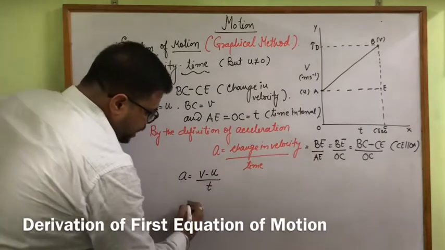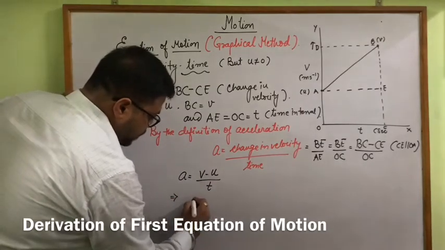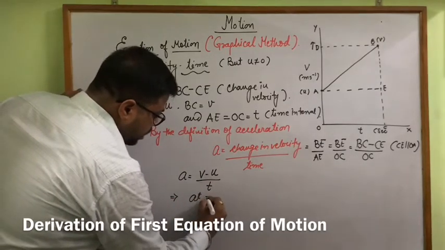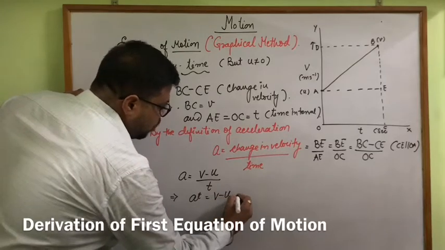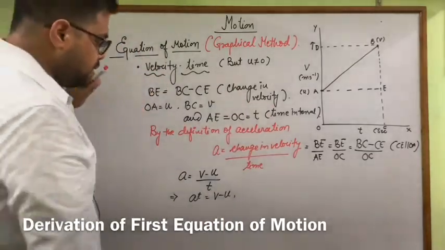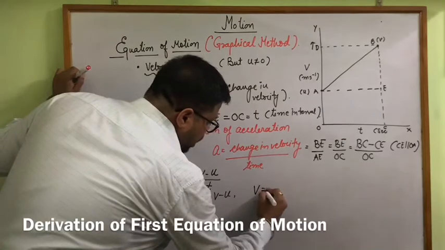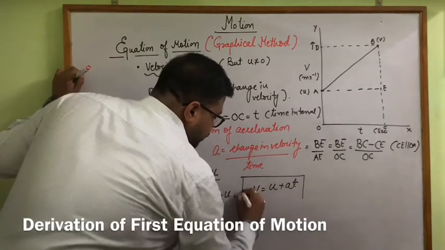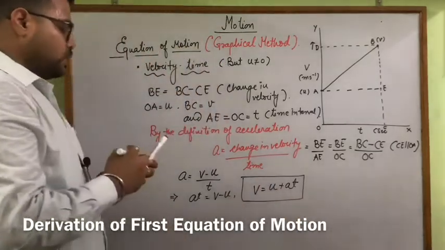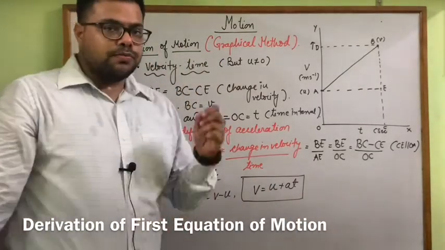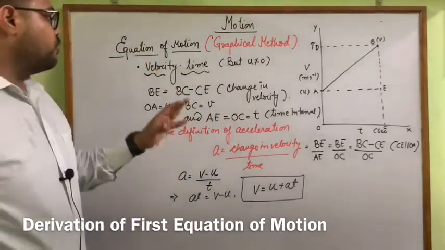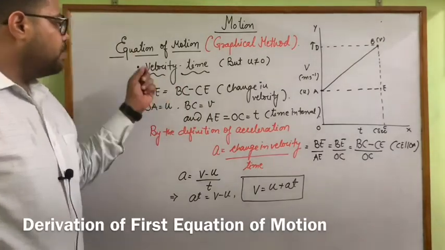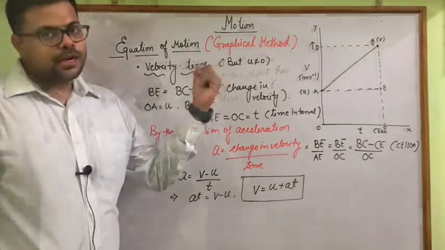So we can write the first equation: a = (v - u)/t, or when we rewrite this, v = u + at. This is the first relation, also called the first equation of motion. This is a relation between velocity and time.